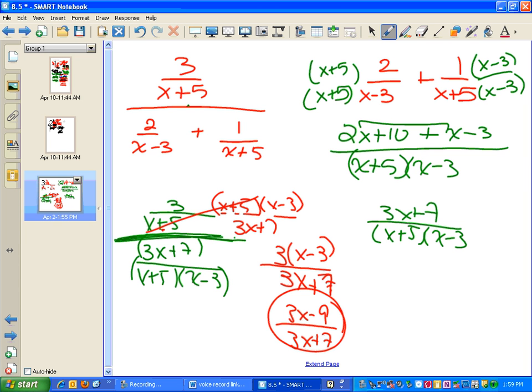I have 3 over x plus 5, right? Divided by 3x plus 7 over x plus 5 and x minus 3. So I'm taking this numerator and multiplying it by the reciprocal of my denominator. So do you see how I have an x plus 5 here and an x plus 5 down here? Yes? You with me?